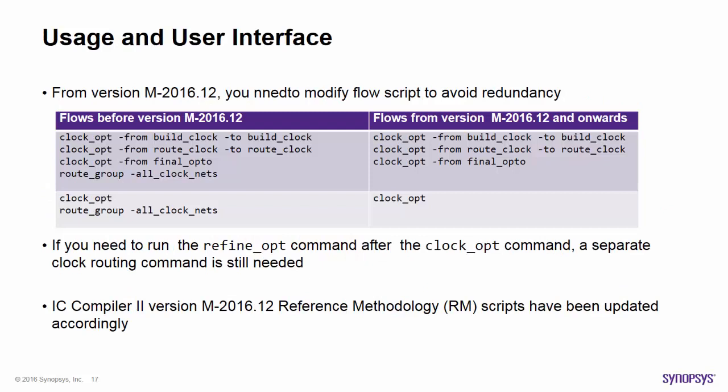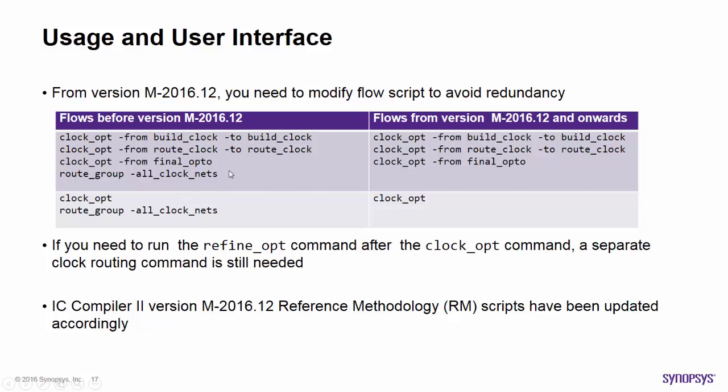This command is integrated inside the clock_opt command and hence provides easy control to achieve a deterministic QOR. Usage and user interface: from release M 2016.12, the user needs to modify the flow script to avoid redundancy. The flow before this release includes route_group -all_clock_nets as a separate stage, as shown in the left hand side column.